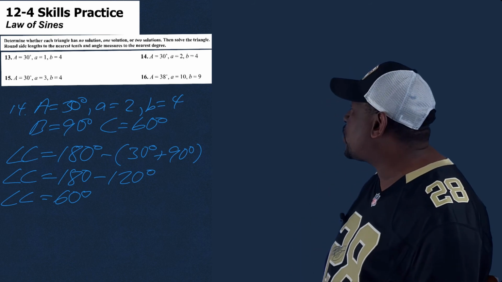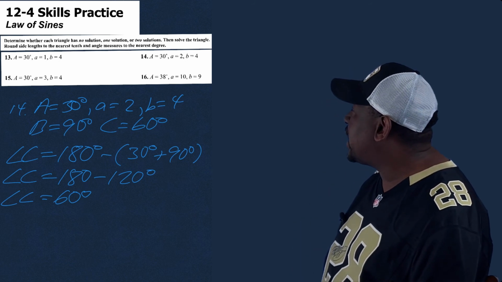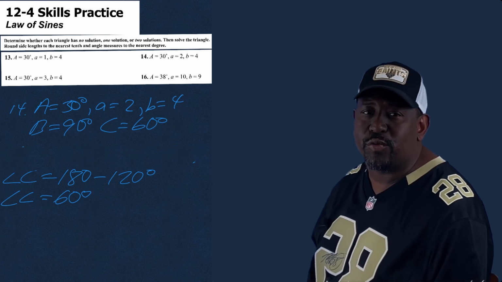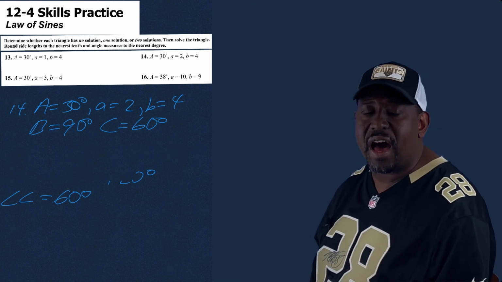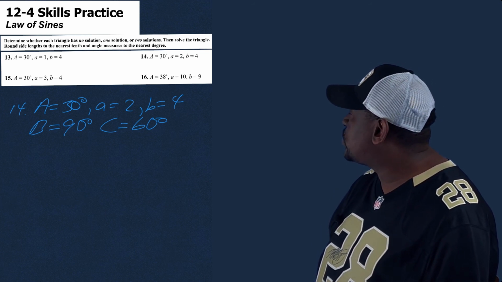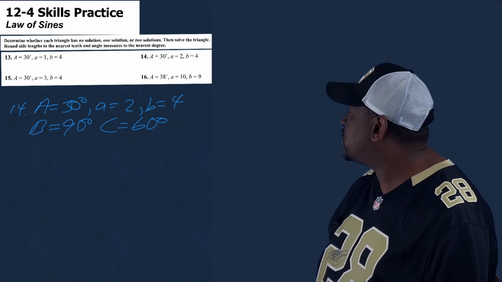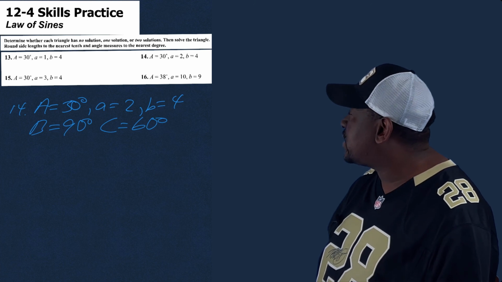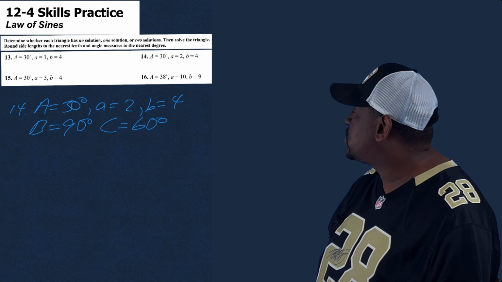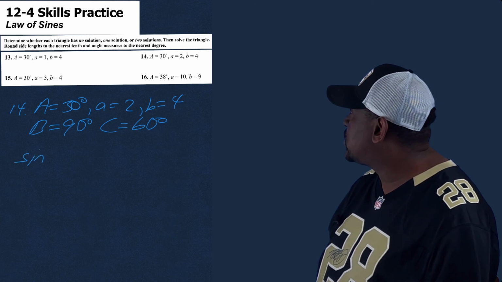We're given both angle A and side A and angle B and side B, so we can use either one of those to solve for side C. So let's see what the NOLA Mathman does. Do we use angle A, side A, or do we use angle B and side B?